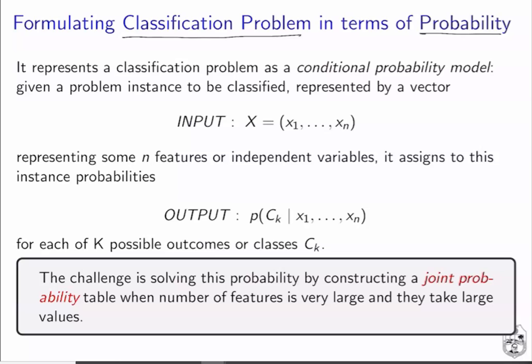The input represents n different features, or independent variables, and these are given as the input, and these inputs are already labeled, which means that the Bayes classifier is a supervised machine learning algorithm.